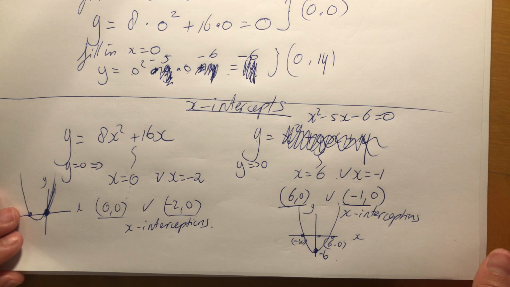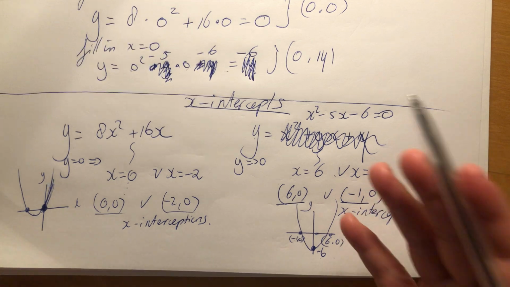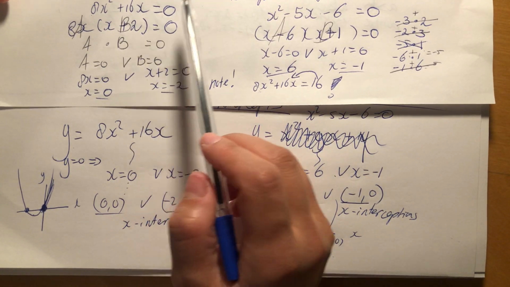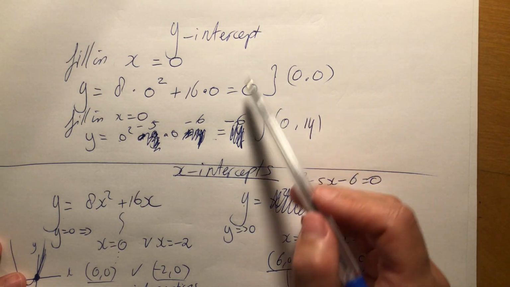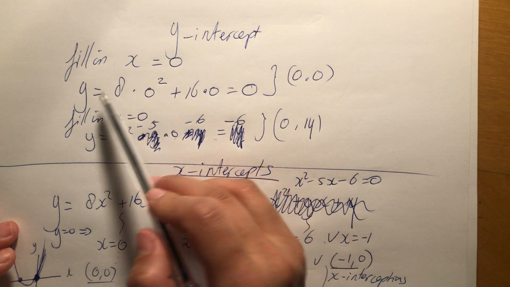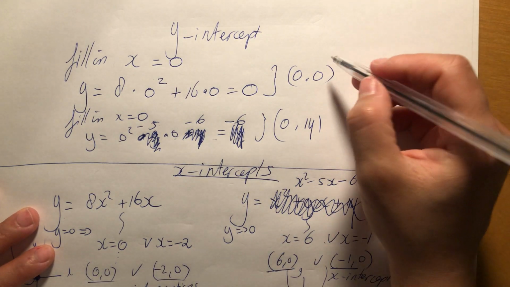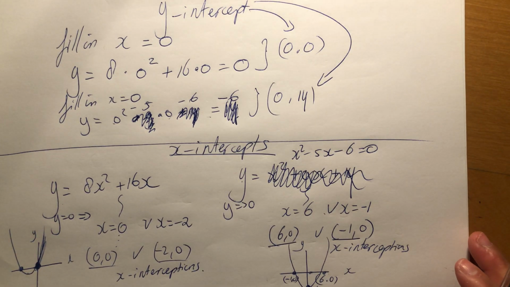So, conclusion, x-interceptions are related to solving equations the way you're used to with the first part of the formula equals 0 because you're filling in for y 0. And the y-interceptions, that is just filling in for x is 0. It's also an equation, but this is something you've done many times before. So these are the y-interceptions.